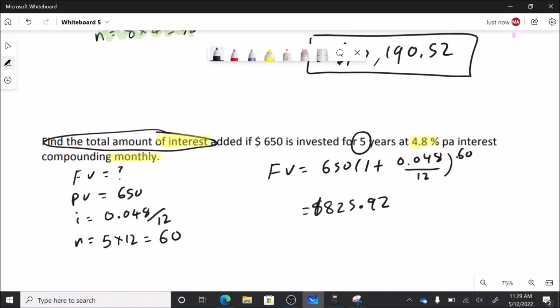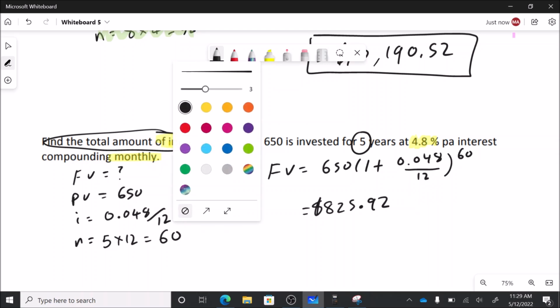Okay, now remember that we've been asked to find the amount of interest, and this 825.92 represents the total amount of interest and the original principal, or the present value rather. Okay, so we need to subtract the 650, the original or the present value, from that.